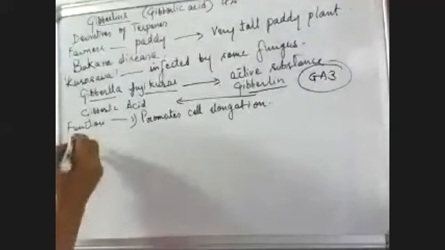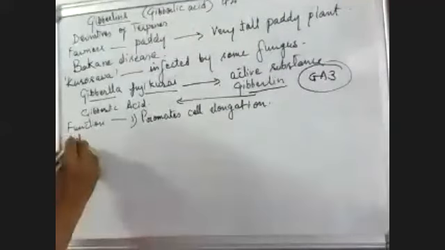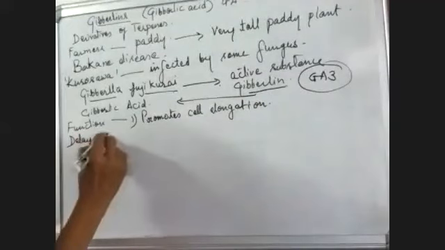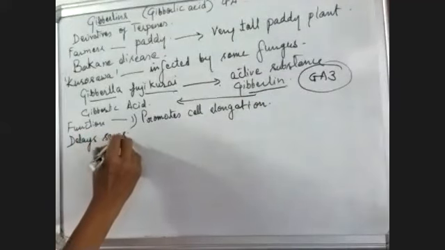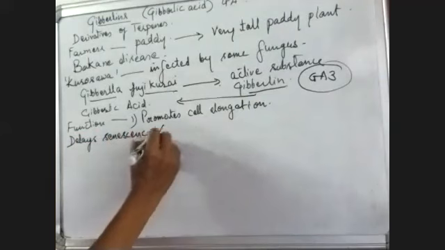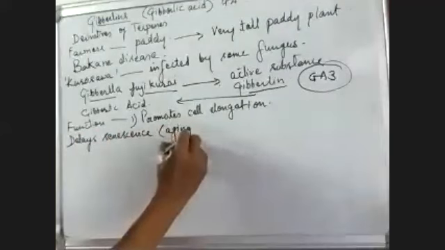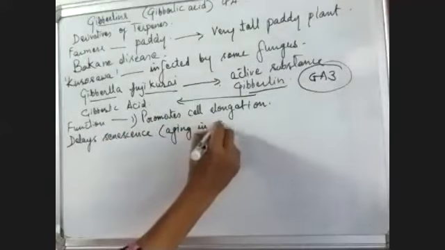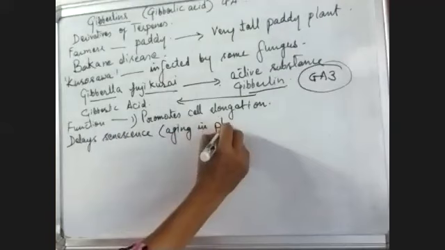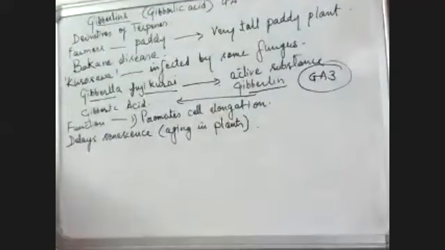At the same time, it delays senescence. Senescence is aging in plants. So it delays senescence, and it promotes cell elongation.